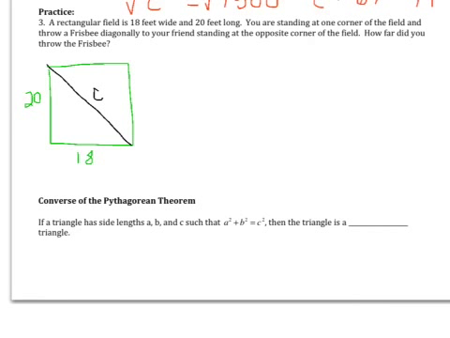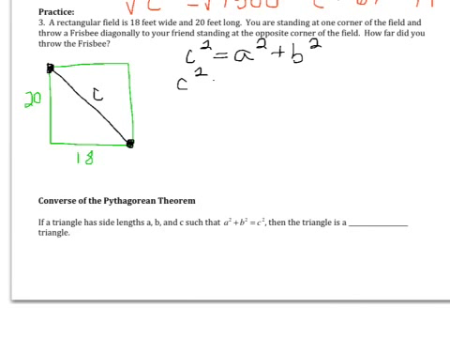So hopefully we started out by drawing a field similar to this, and you are standing at one corner and you're throwing a frisbee to your other friend diagonally across the field. So again, we're solving for the hypotenuse of a triangle. So we are going to use c squared equals a squared plus b squared.